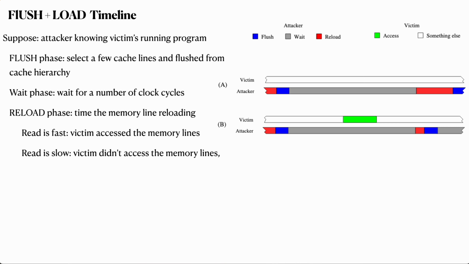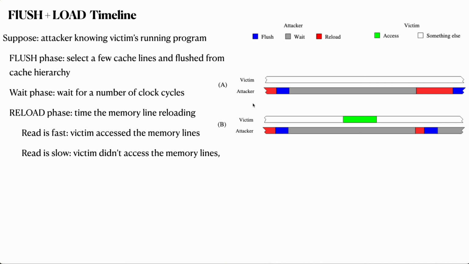If the reload is fast, that means the victim has accessed the line during the waiting period. If the reload is slow, that means the victim didn't access the lines, so the lines need to be brought from memory. And the attacker can repeat the process until locating the cache lines that the victim is actually using.